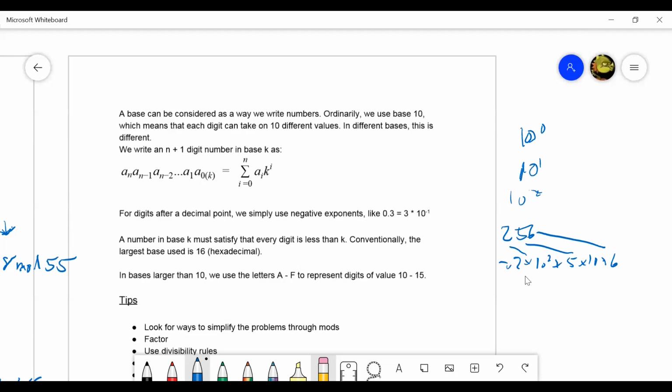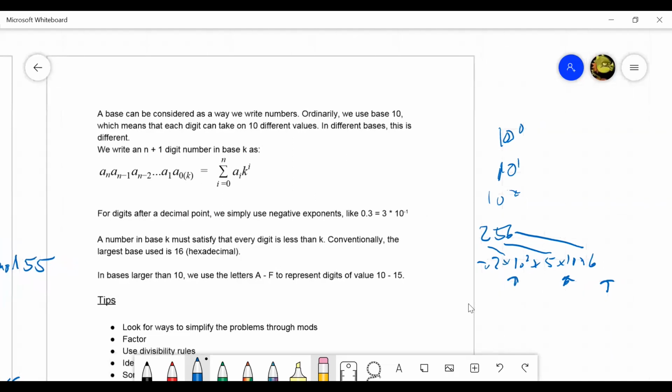And the idea of base is that when you change a number into a certain base, you just change this value from 10 to whatever that base value is. So let's say base 3, and you have the number 12 in base 3. This is equal to 1 times 3 plus 2.